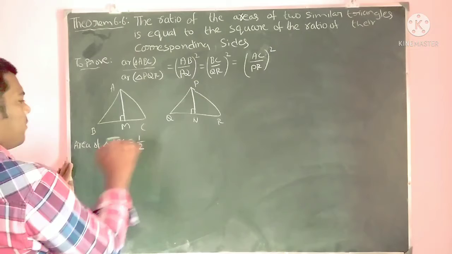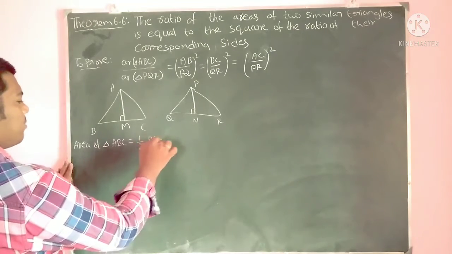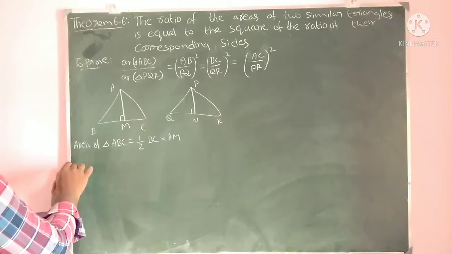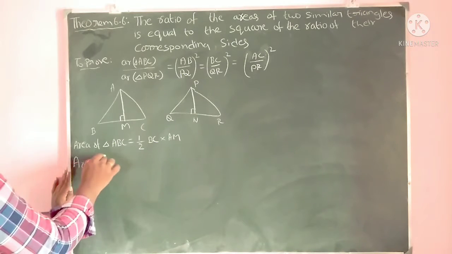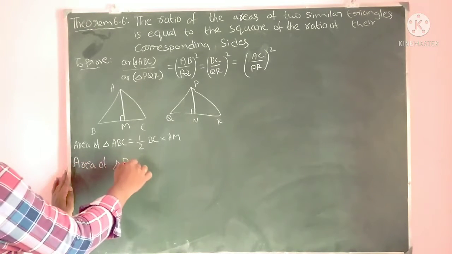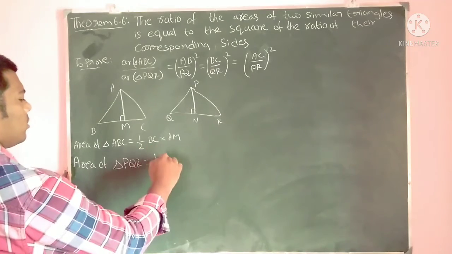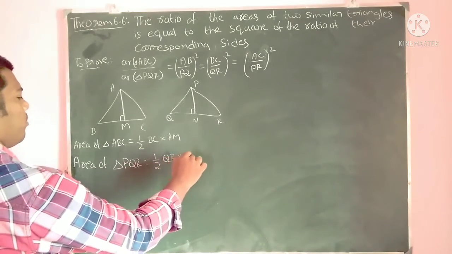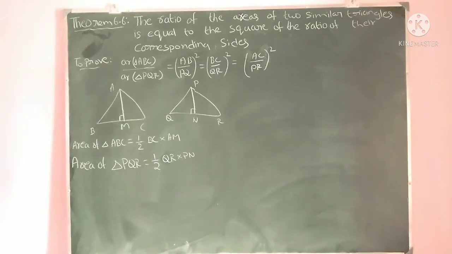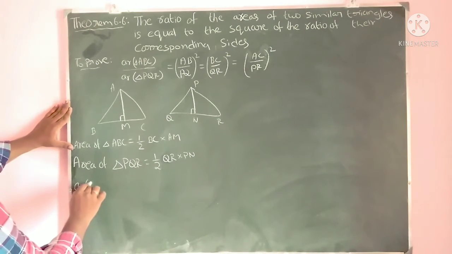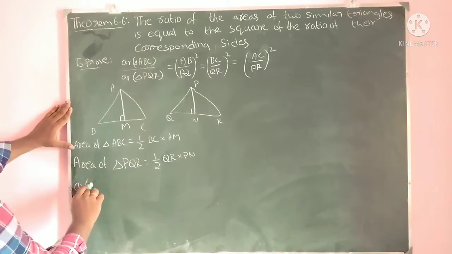So here I will take the base as BC, then the height will be AM. So the perpendicular will be the height. Now the area of triangle PQR, we can take half QR into PN.